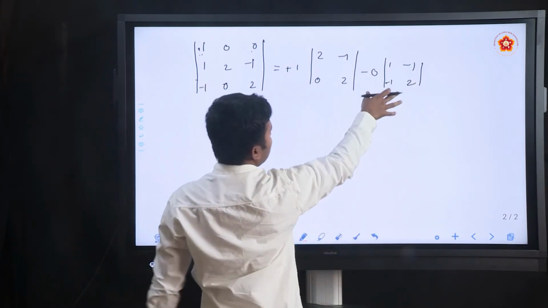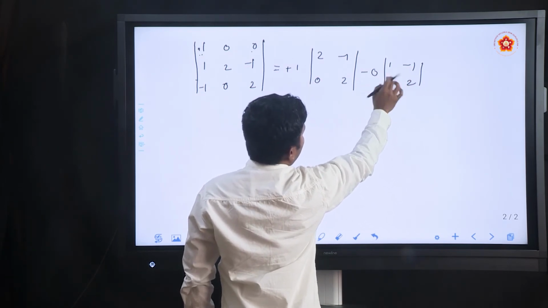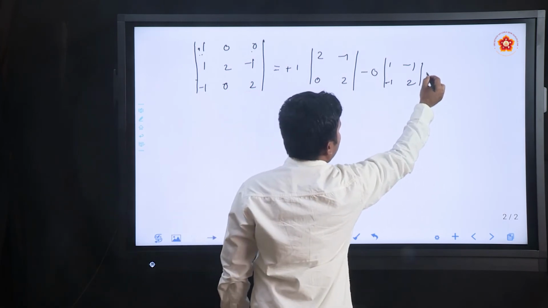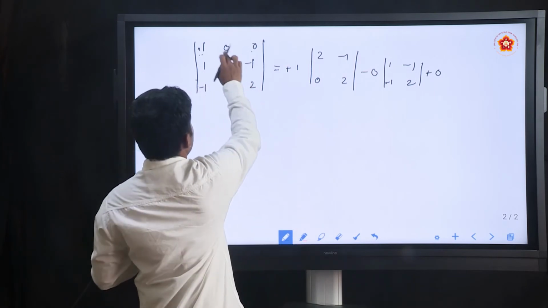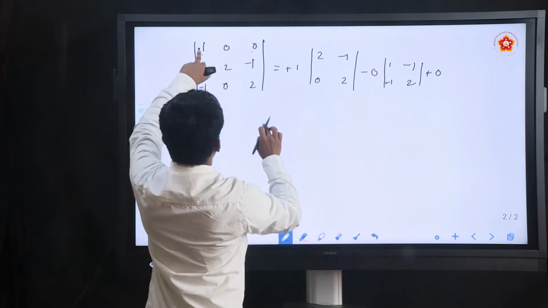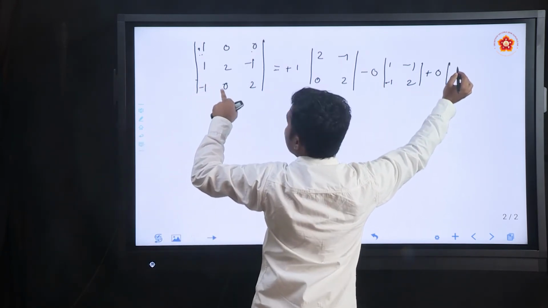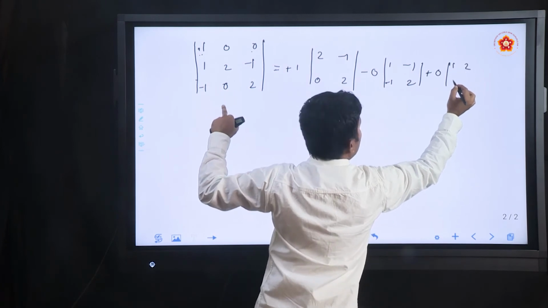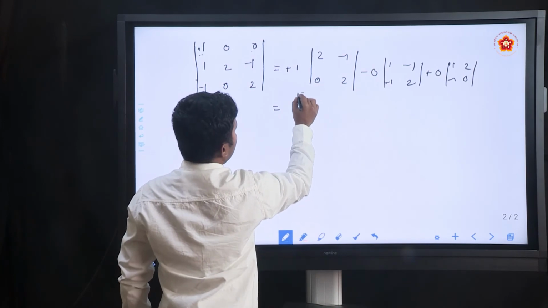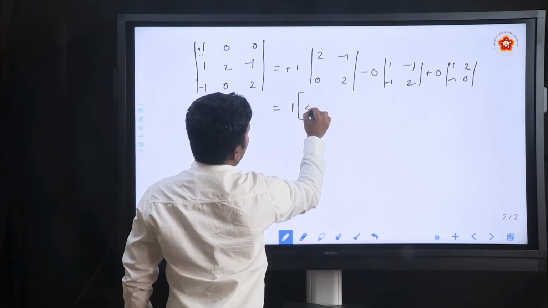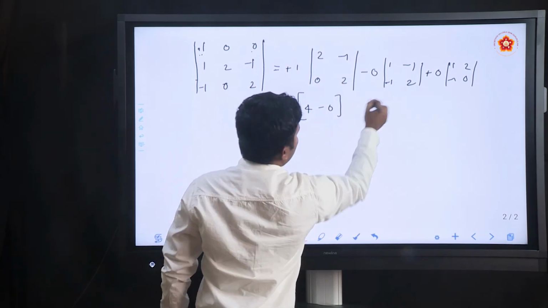One thing you observe: you will get some value if you expand this, and that is multiplied with 0, so it will become 0 again. You can multiply 0 with anything and you will get 0. Similarly, you can expand this: delete the first row and third column and write down the rest of the elements in determinant form, that is 1, 2, minus 1, 0. So 1 into, you can expand this, 2 into 2 is 4, minus 1 into 0 becomes 0, minus 0.